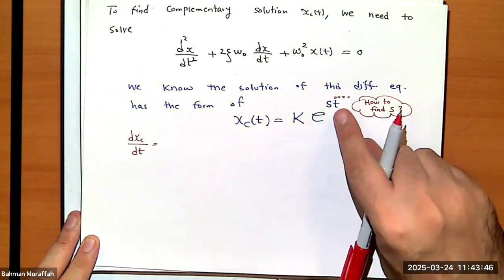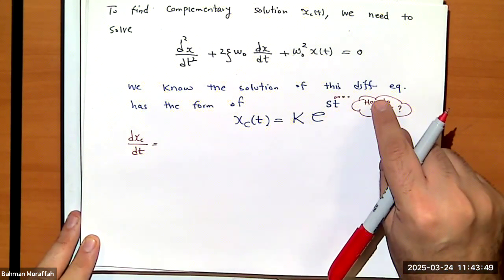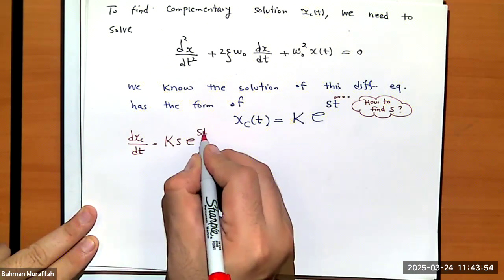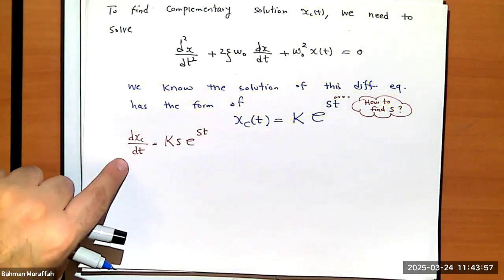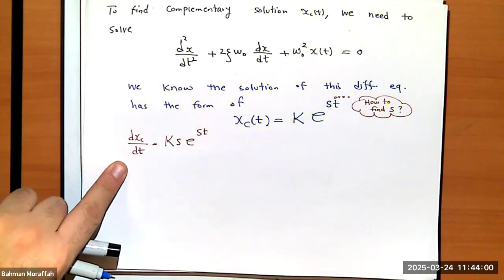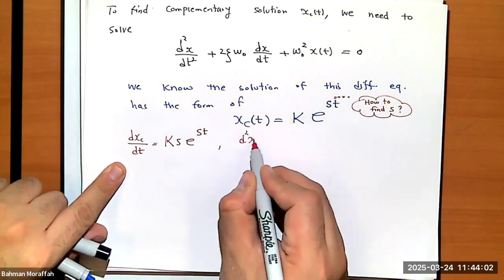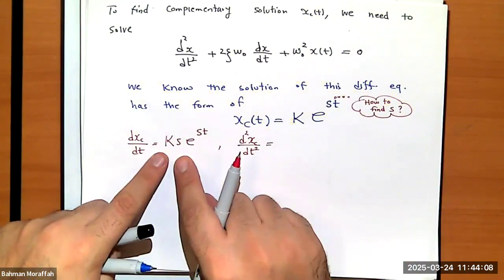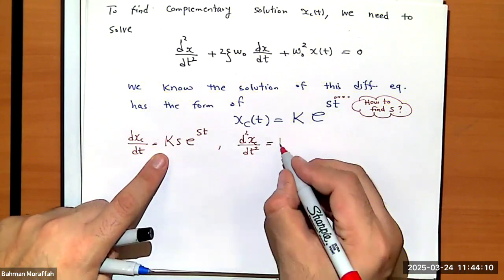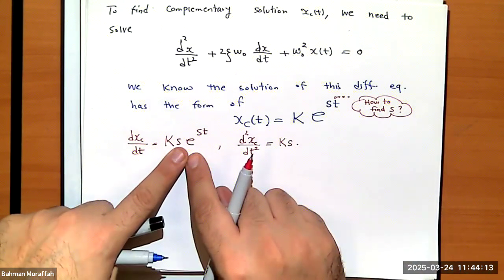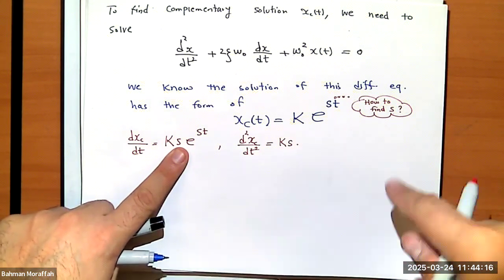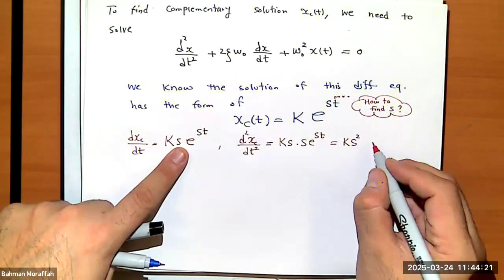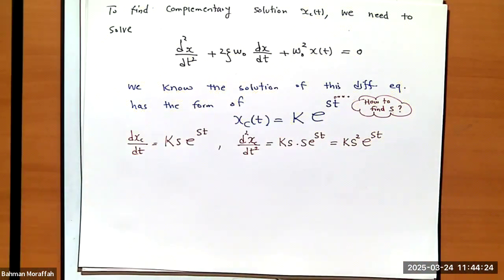It's k times s e to the power of st. What is the second derivative of xc? K times s is constant, it doesn't change anything. The derivative of e to the power of st is s times e to the st, which gives k s squared e to the st, right?